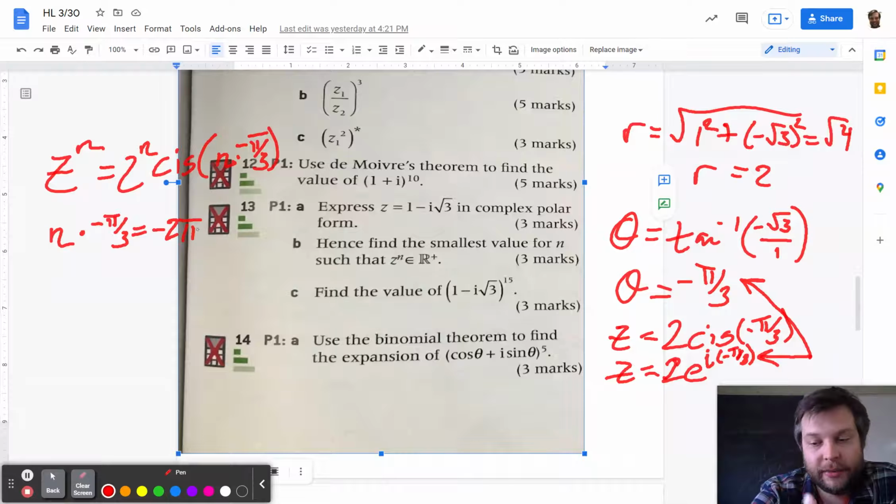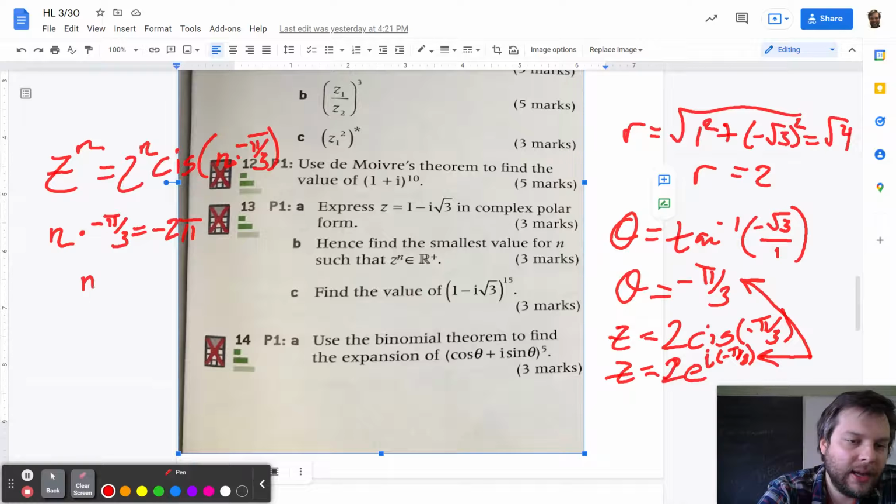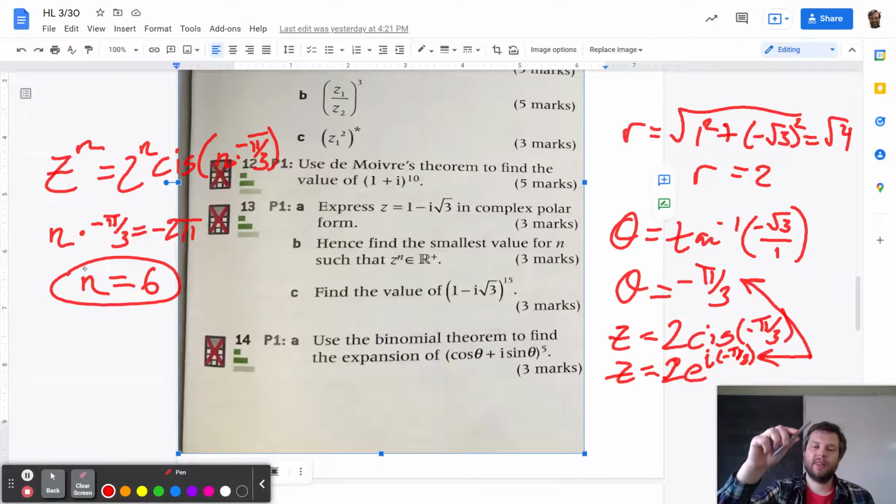Because I want to find a positive value for n, the assumption I made earlier, that's why I'm making it equal to negative 2 pi. So if you multiply by 3 and divide by pi, you get n is equal to 6. You should be able to sort of visualize this, that the first complex number is 60 degrees below the x-axis, and it takes 6 of those 60 degrees to get all the way around the circle, and that's why we got n equals 6.